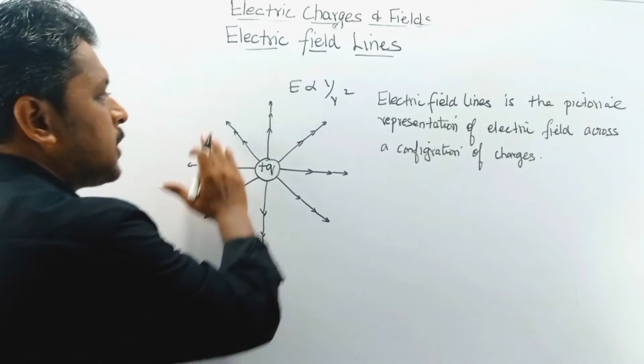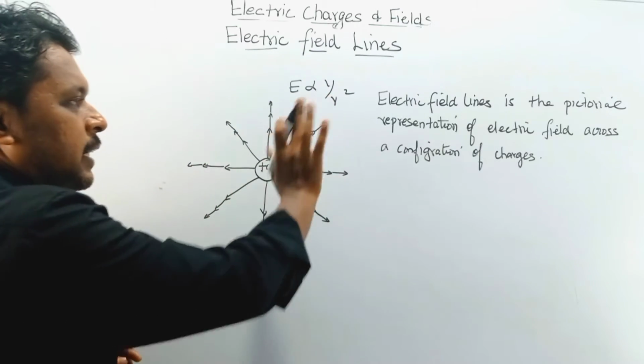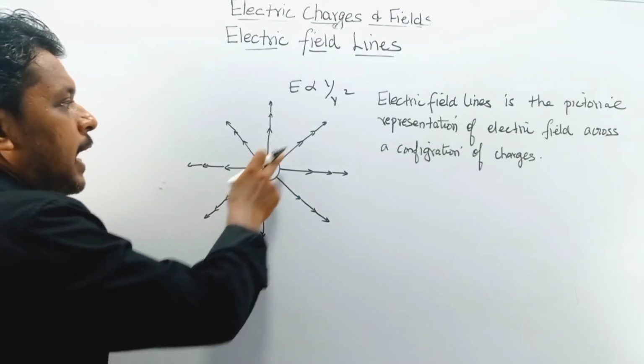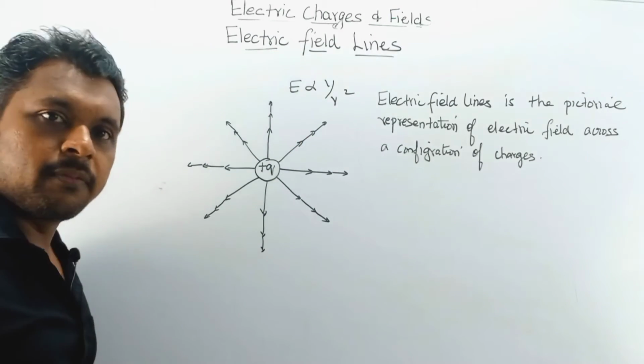This picture represents the electric field around a charge configuration. The arrow mark indicates the direction of the electric field.